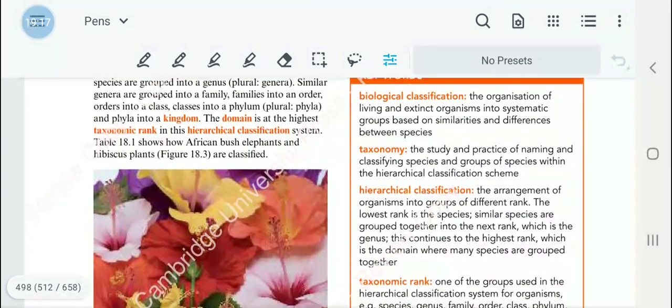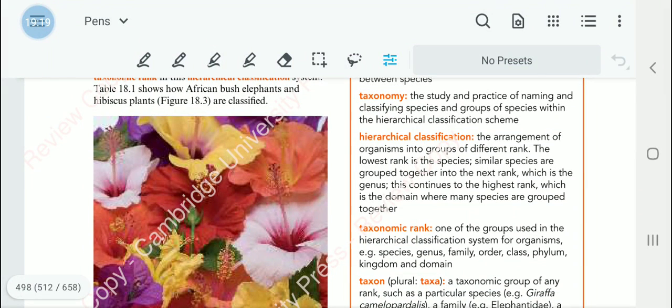This is known as biological classification. Leave a line and write: the study and practice of naming and classifying species and groups of species within the hierarchical classification scheme is known as taxonomy.